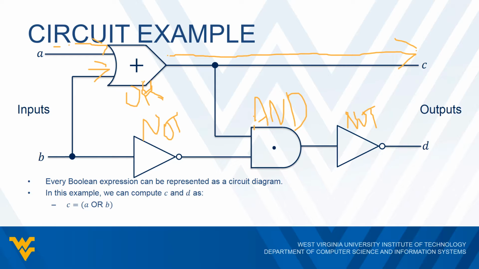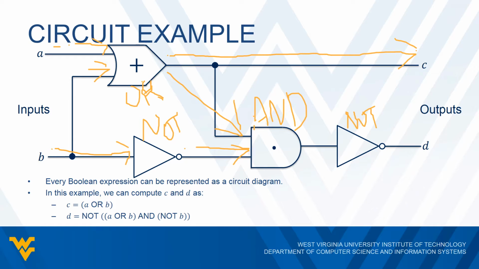And then what about D? Well, D is going to be a little bit more complicated. It's going to be the NOT of the quantity A or B and not B. How do we get that? The not B is taken care of down here. This NOT gate gives us not B. And then the AND gate is going to give us the AND of not B and the OR of A or B. We follow this circuit down to this part of the input for the AND gate.